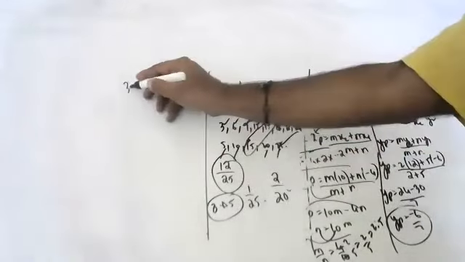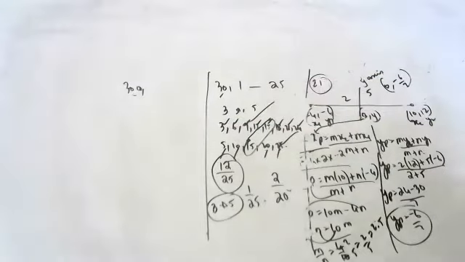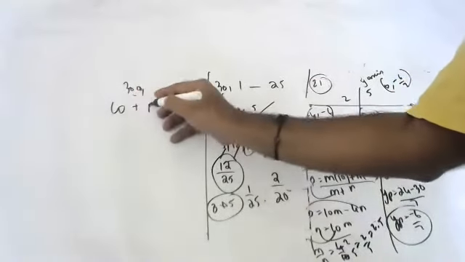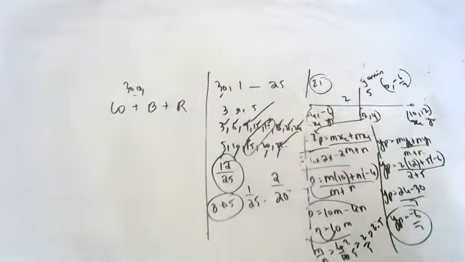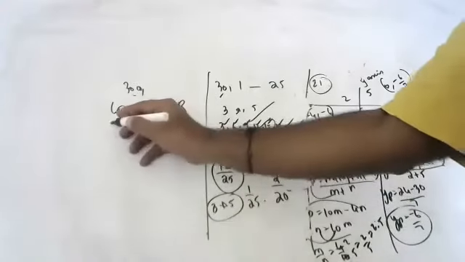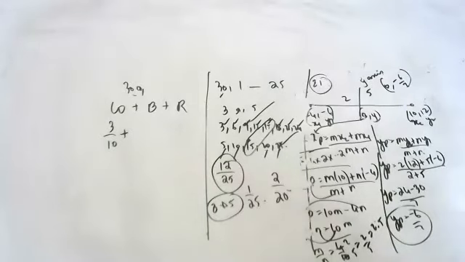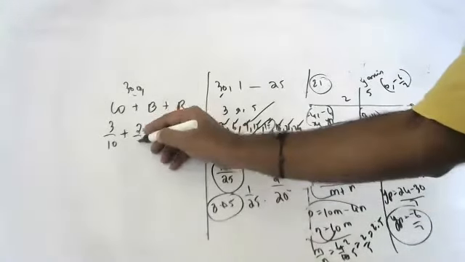Okay, in the 30th question, one more part is there, children. Please see here. A bag contains white balls, black balls, and red balls. The probability of drawing a white ball is 3 by 10. The probability of drawing a black ball is 2 by 5.